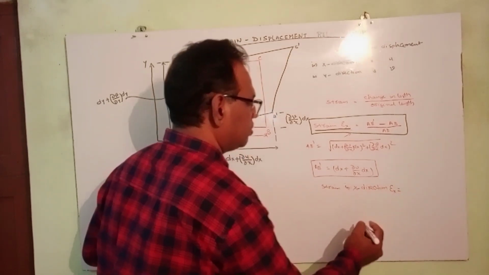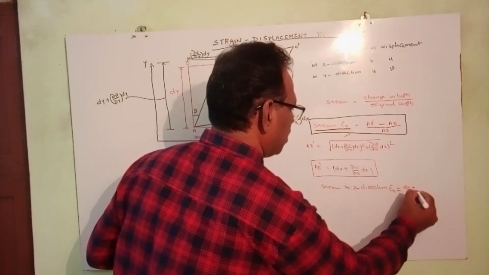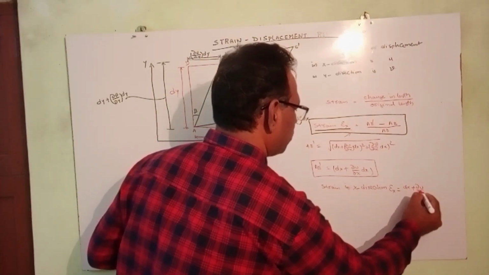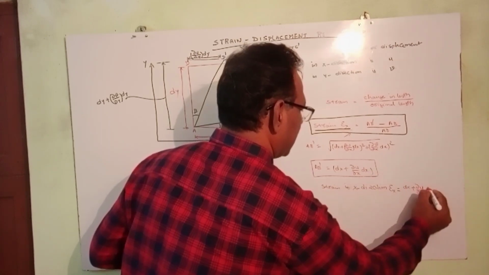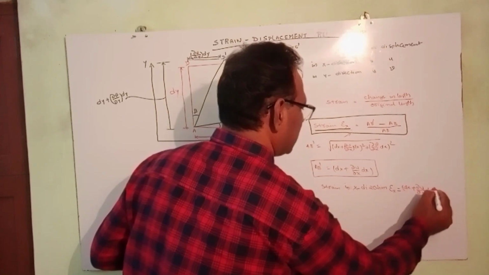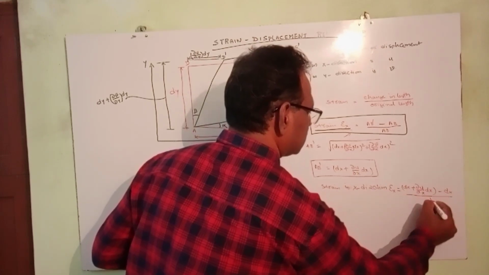Epsilon x equals change in length by original length, that is, (dx plus ∂u/∂x into dx) minus dx, by dx.